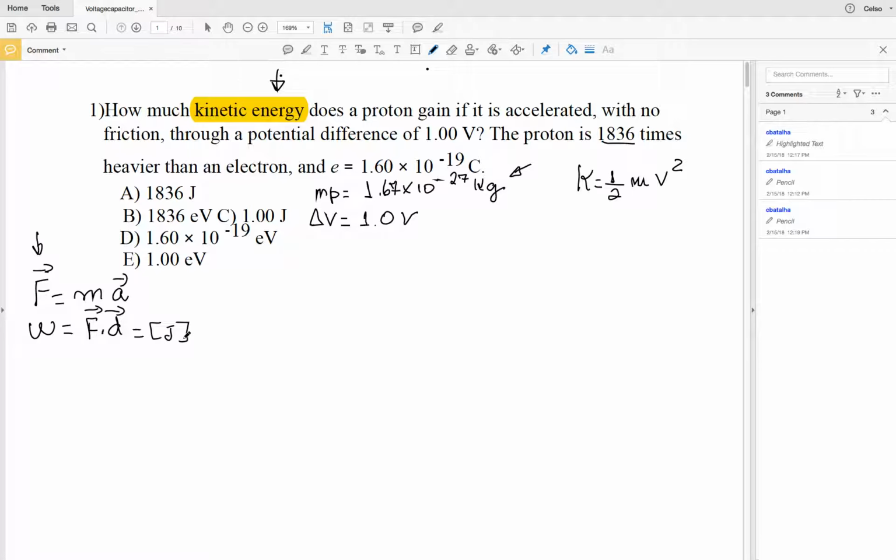Now, when we study Physics 2B, we learn about electric force, potential energy, and potential. So potential, V, the quantity we are exploring in chapter 19, is given by the ratio of energy per charge.